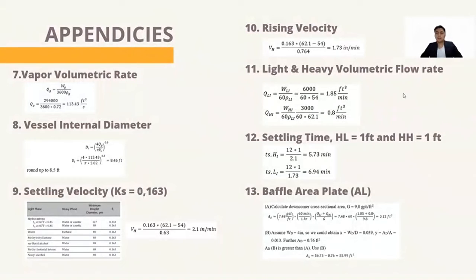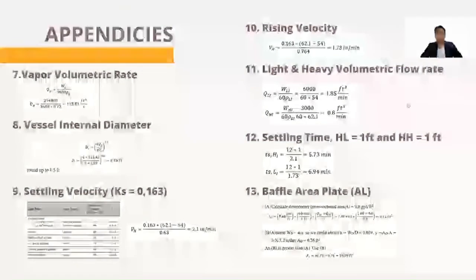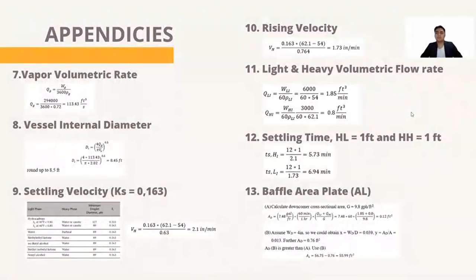And then we determine the light and heavy liquid volumetric flow rate. We get 1.85 cubic feet per minute for the light, and 0.8 cubic feet per minute for the heavy. And then the settling time for the light is 6.94 minutes, and for the heavy is 5.773 minutes. Then we determine the vessel area.